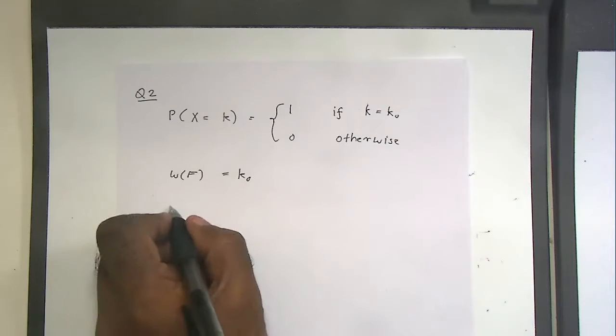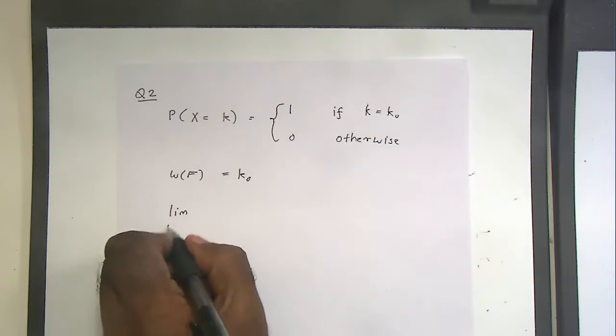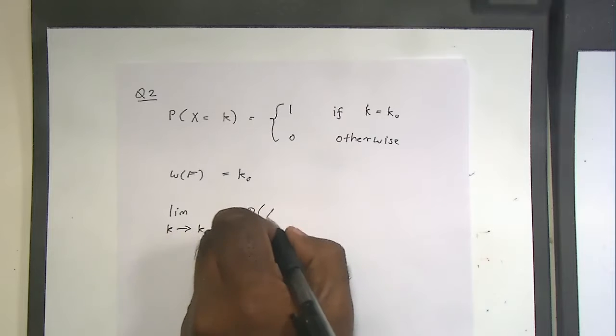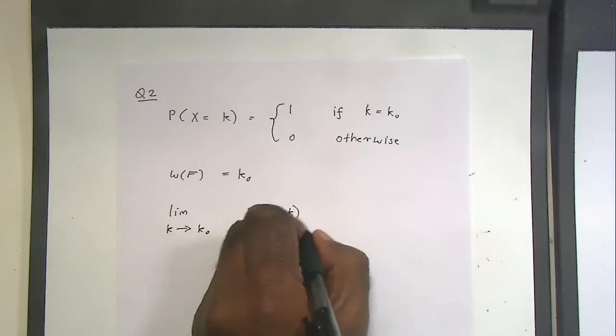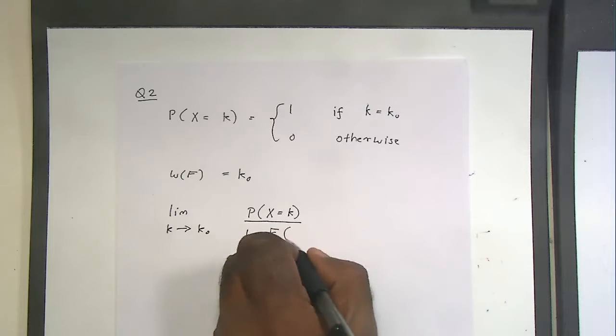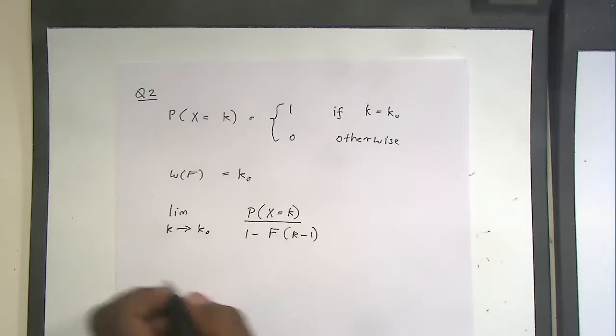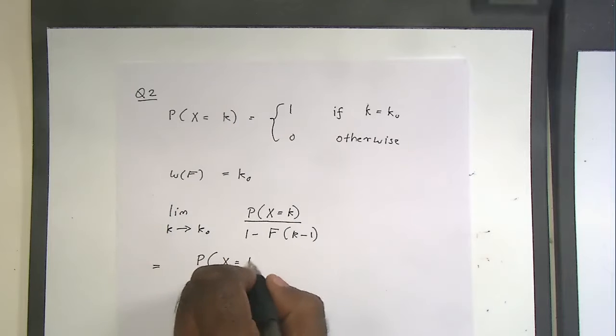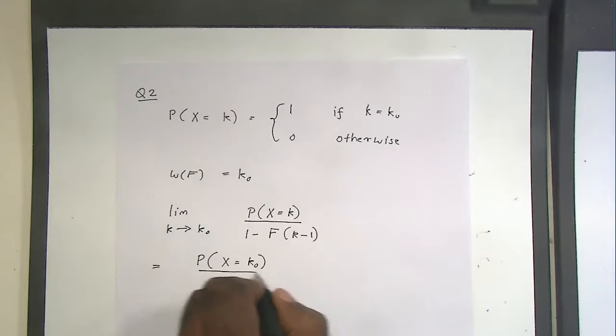So the limit as k approaches k0 is equal to the probability that x equal to k0 divided by 1 minus f at k0 minus 1.